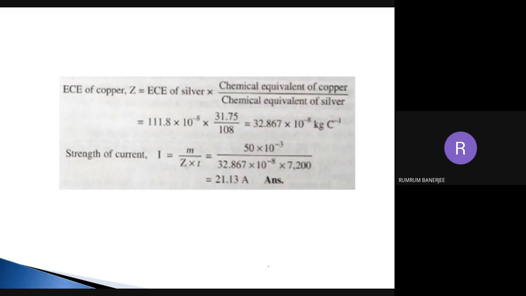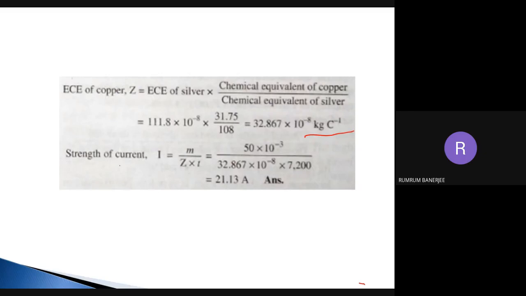Basically, silver is the reference used to calculate the electrochemical equivalent of any material. So our ECE of copper is 32.867 into 10 to the power minus 8 kg per coulomb.